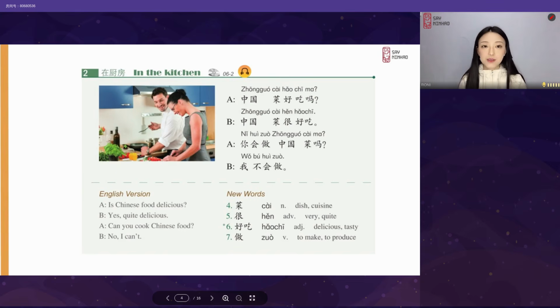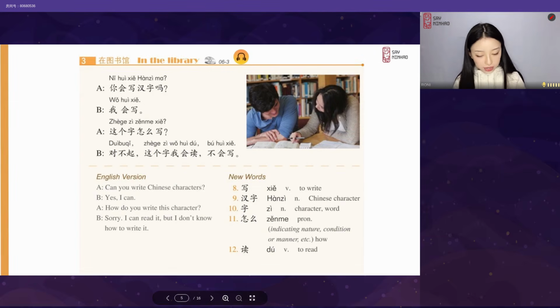Let's switch the role. You will be A and I will be B. 3, 2, 1. 中国菜很好吃。我不会做。Very good. Excellent. Now let's move on to text 3.